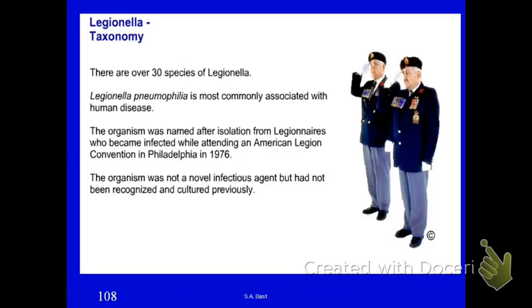There was an epidemic of a type of pneumonia that they had never seen before, in the sense that they could not isolate the etiologic agent. The bizarre thing about it is that only those who are legionnaires were affected by this new type of pneumonia.